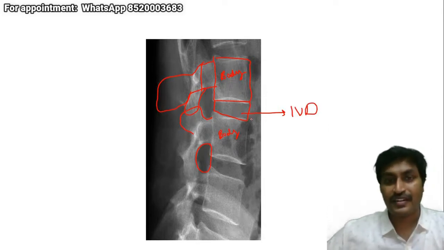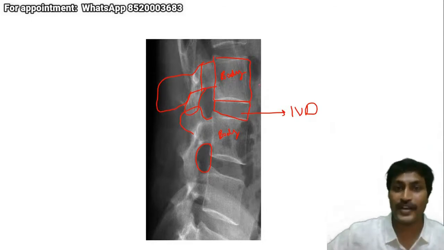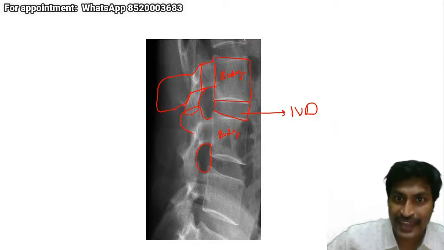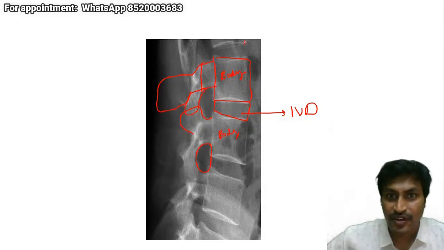Okay. Hope everyone is able to understand these things. And you will have to understand two particular lines. One line is drawn along the anterior surface of the vertebrae.